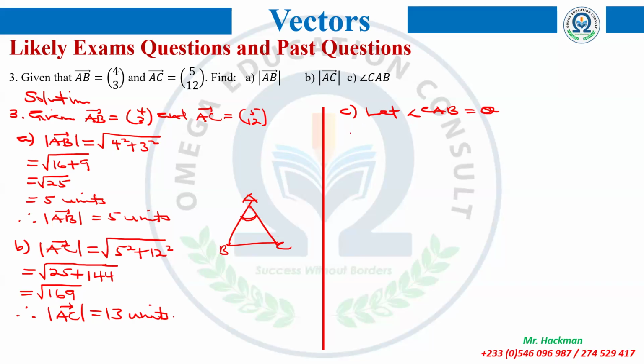So the AB vector dot the AC vector, in terms of the dot product, should give me the magnitude of vector AB times the magnitude of vector AC, times cos of angle CAB, which is theta, the angle between the two vectors. Is my point well made?